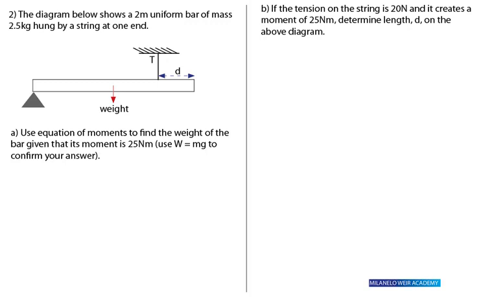Now let's look at question number 2. The diagram below shows a 2 meter uniform bar of mass 2 kg hung by a string at one end. Use the equation of moments to find the weight of the bar, given that its moment is 25 Newton meter.